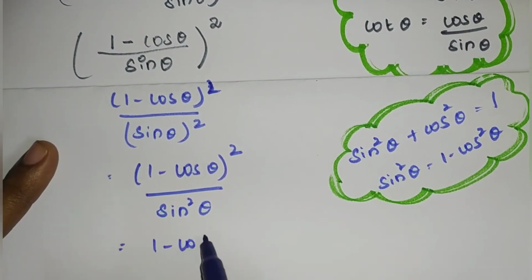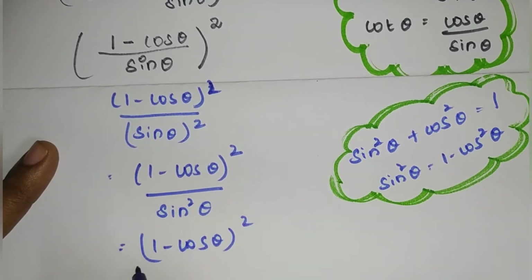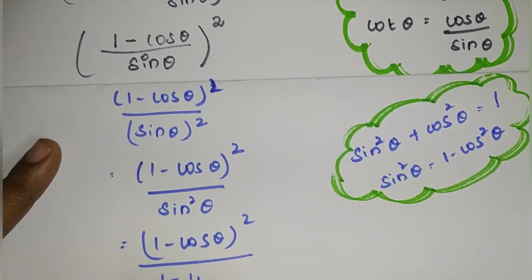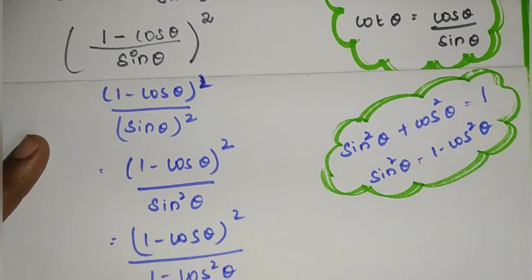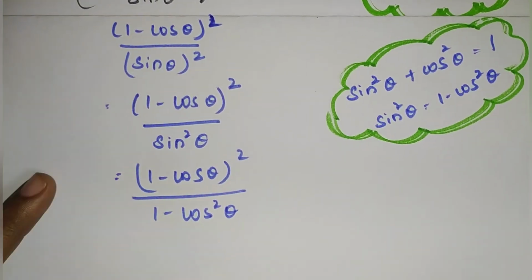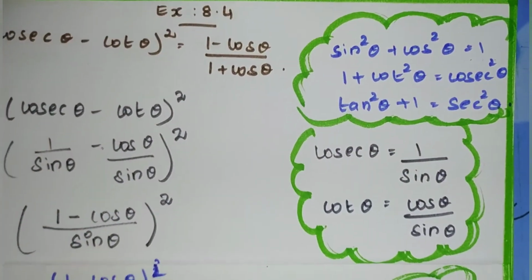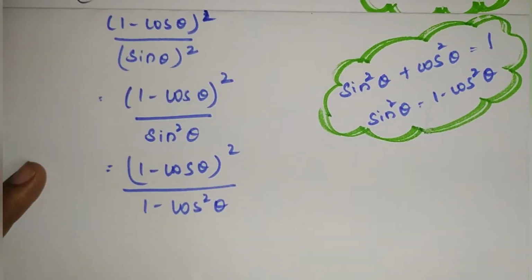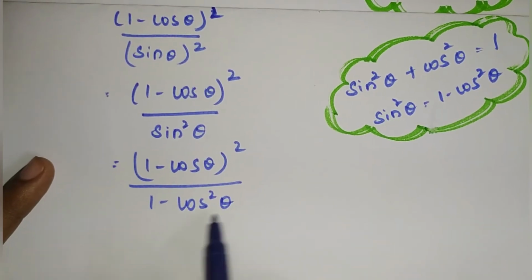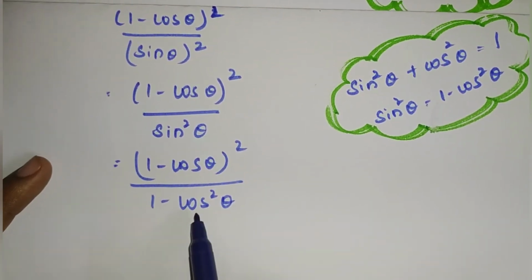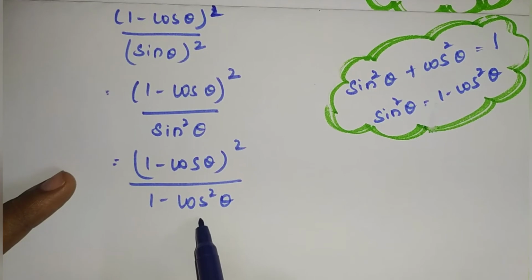1 minus cos theta the whole square divided by 1 minus cos square theta. But here we have 1 plus cos theta only, not 1 minus cos square theta. So still we have to simplify the denominator. Think about how we can simplify.